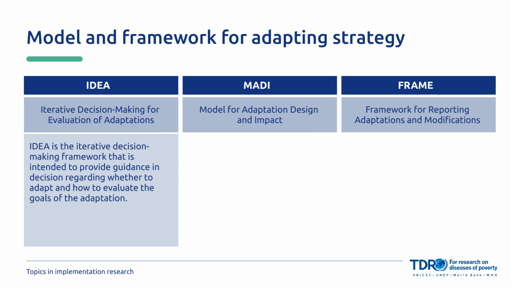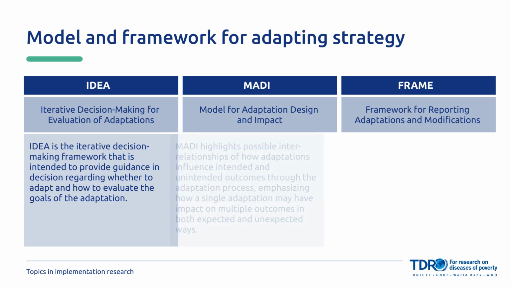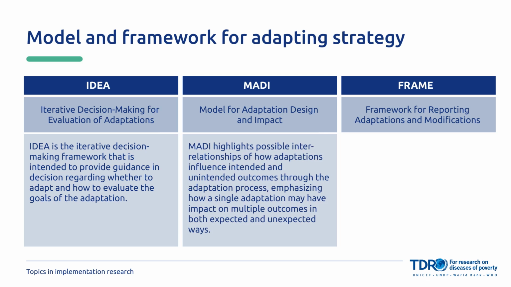The Model for Adaptation Design and Impact, MADI, sheds light on the complex interrelationships between adaptations and their intended and unintended outcomes throughout the adaptation process. It underscores how a single adaptation can have a ripple effect, influencing multiple outcomes in both expected and unexpected ways.